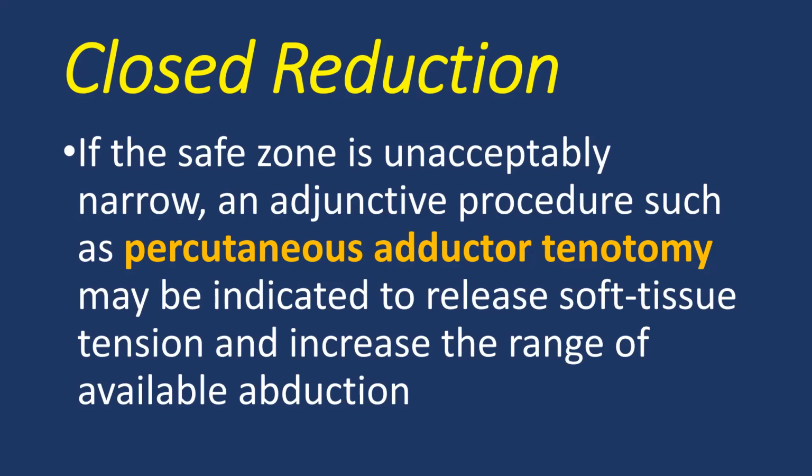Let me explain it. You reduce it by abduction. The hip is reduced. You're happy, okay? But you find that as you go from 45 degrees of abduction to neutral position, that hip dislocates, indicating that you have tight adductors. Then you should do an adductor tenotomy.